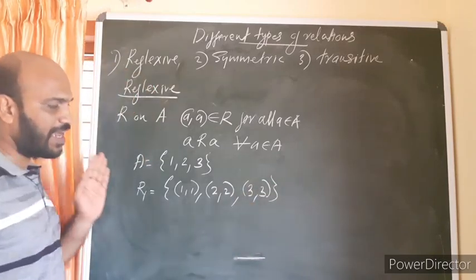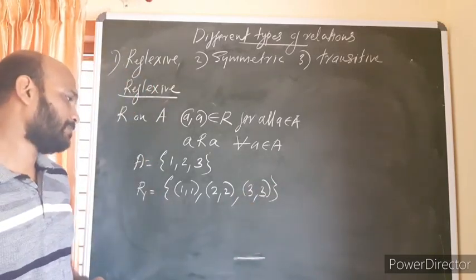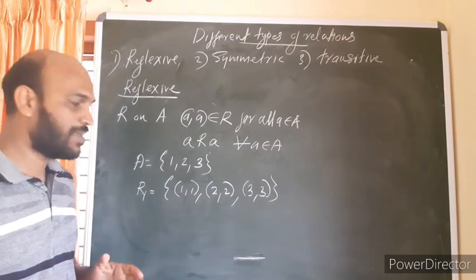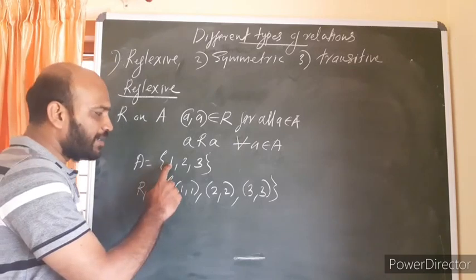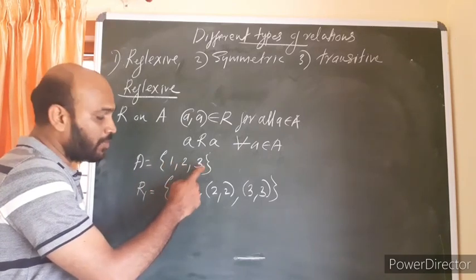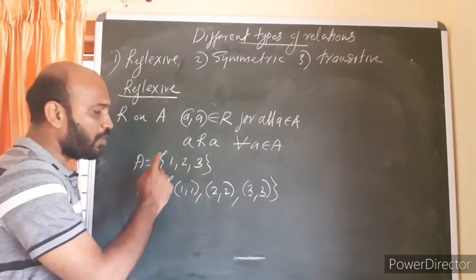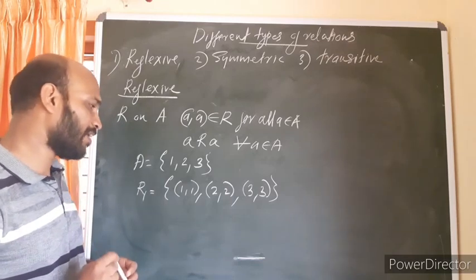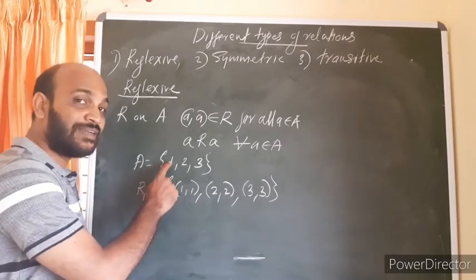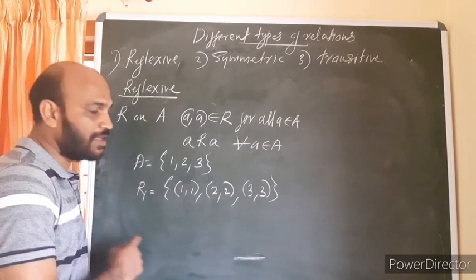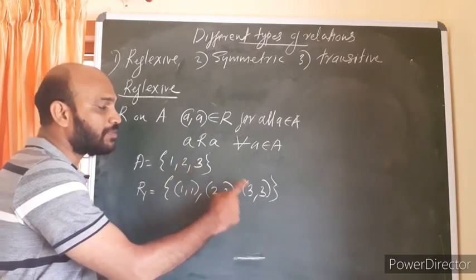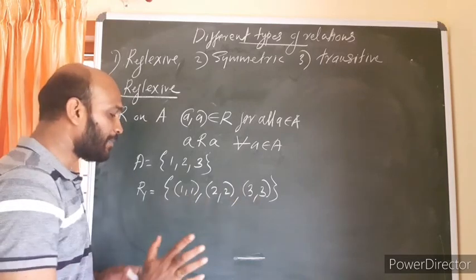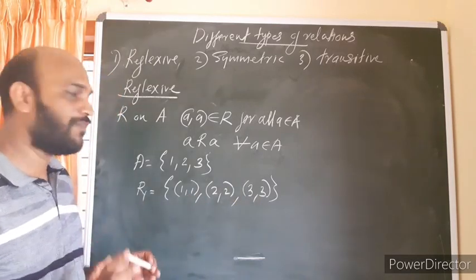Just check whether R1 is reflexive or not, whether it satisfies the condition of reflexive. A contains 3 elements. So relation R1 on A is reflexive if 1 is related to 1, that is here; 2 related to 2, it is here; 3 related to 3, it is here. That means clearly R1 is reflexive.